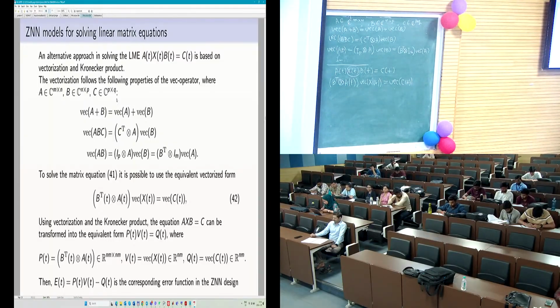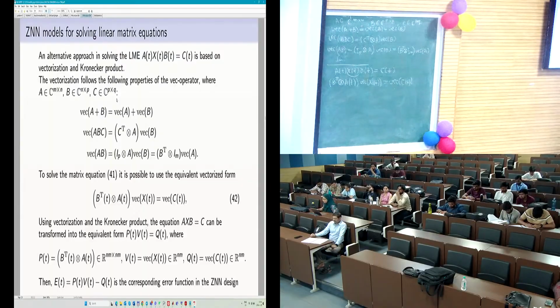with, we must say, a big coefficient matrix of relatively big dimensions.